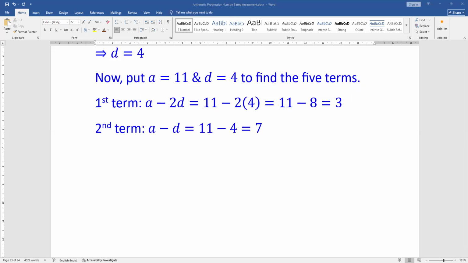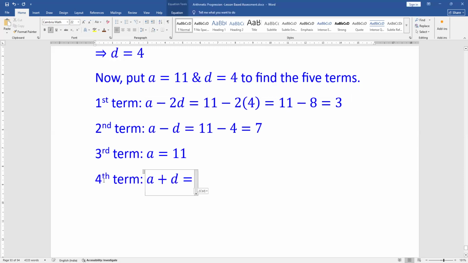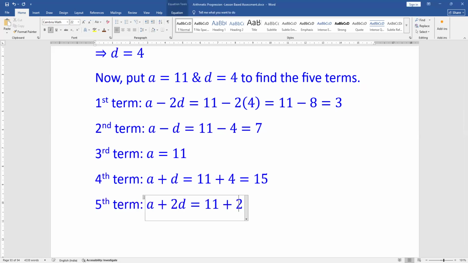Then the third term is nothing but a, which is 11. The fourth term is a plus d, which is 11 plus 4, equal to 15. And the fifth term is a plus 2d, which is 11 plus 2 into 4, so 11 plus 8 is 19.